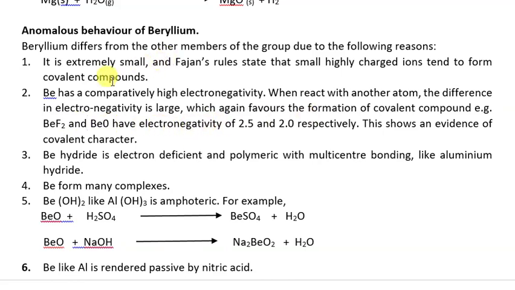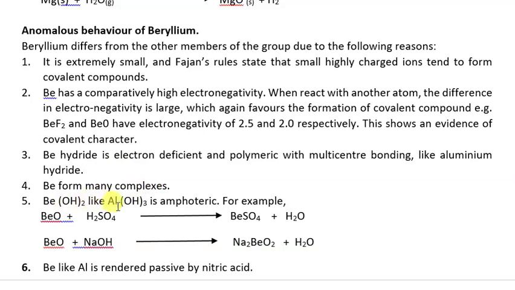Kama nilivyosema hapo juu kwenye covalence, beryllium hydride is electron deficient and polymeric with multi-center bonding like aluminium hydride. Kwa hiyo yenyewe ni electron deficient species. Pia beryllium forms many complexes, tutaenda kuona kwa mbele.